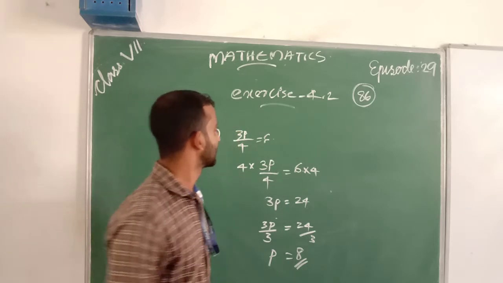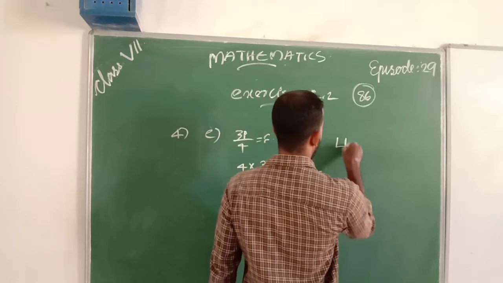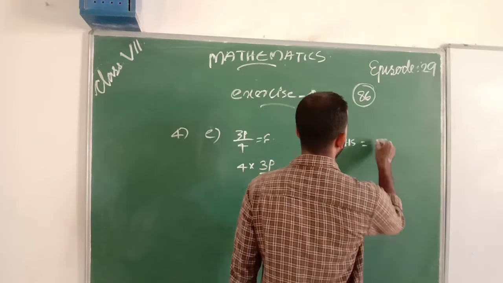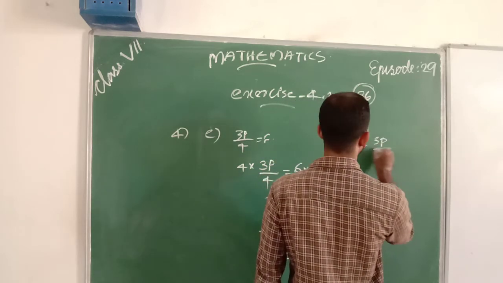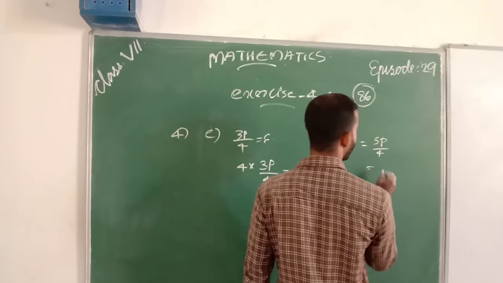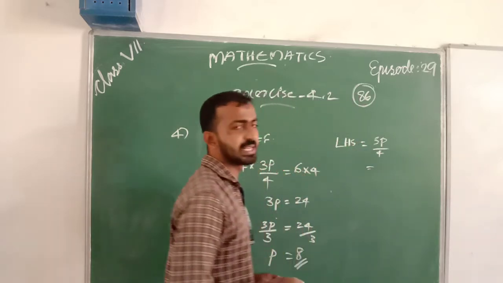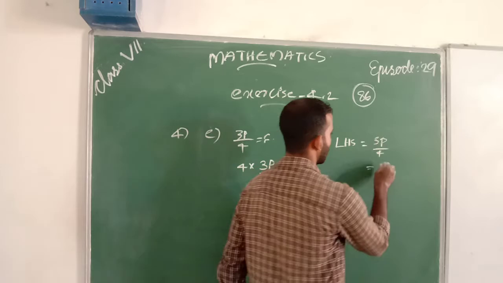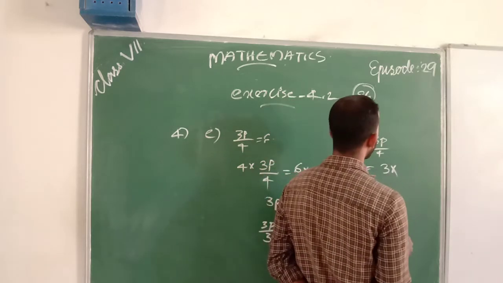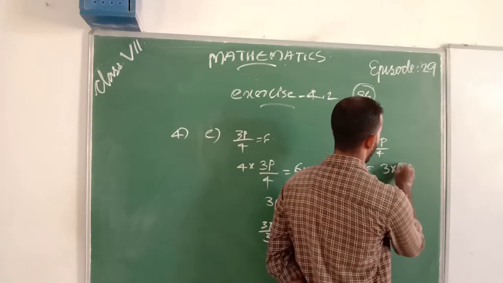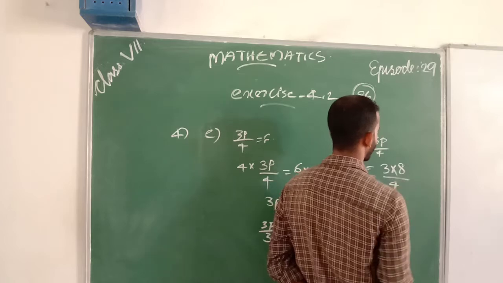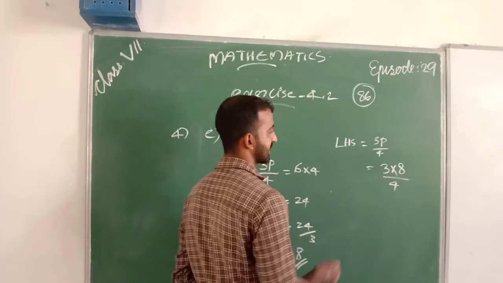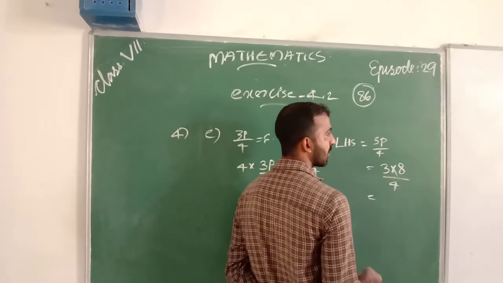We can check. LHS equal to 3p by 4. Here p is 8. That is 3 into 8 by 4. Is it? Yes. Here we can cancel or multiply.